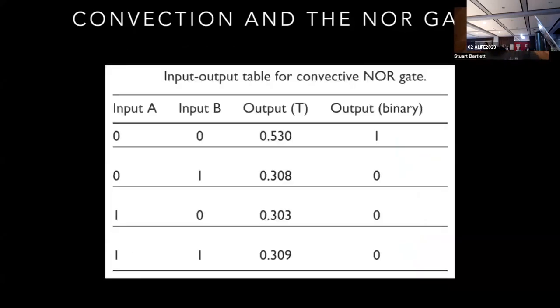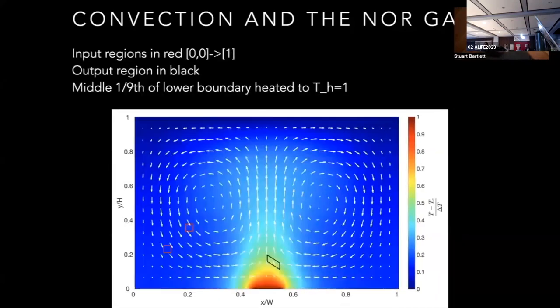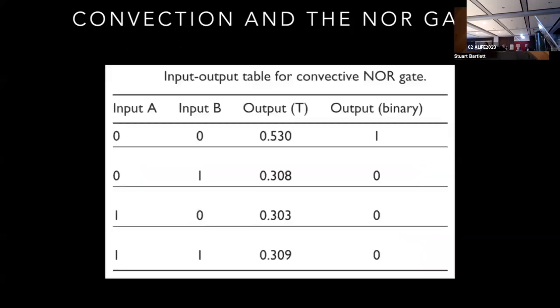So putting this all together, what we find is that we can actually make a NOR gate out of all these interactions on our convective logic gate here. When we had that low input on both A and B, I'll just go back to it quickly, we had this high temperature in the output region. In fact, it's 0.53 there. We basically threshold the output temperature and use that to define the binary output.